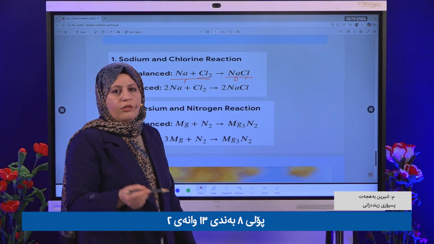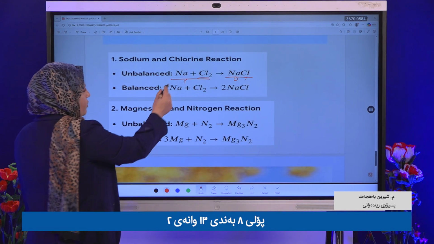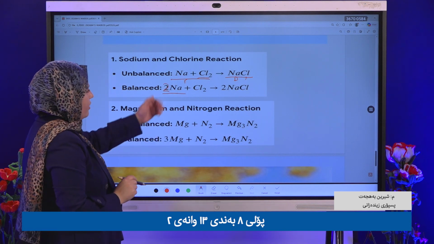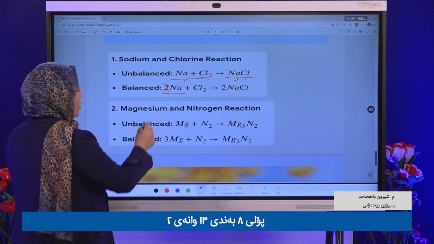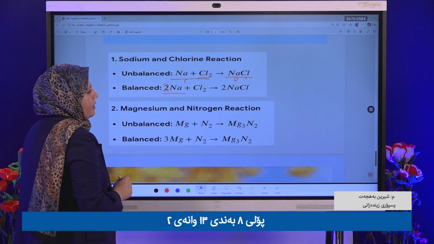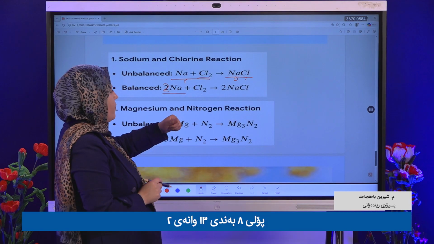We should write down a coefficient, so we add 2 in front of the sodium. Then sodium will be 2 here. What about chlorine? It is 2.